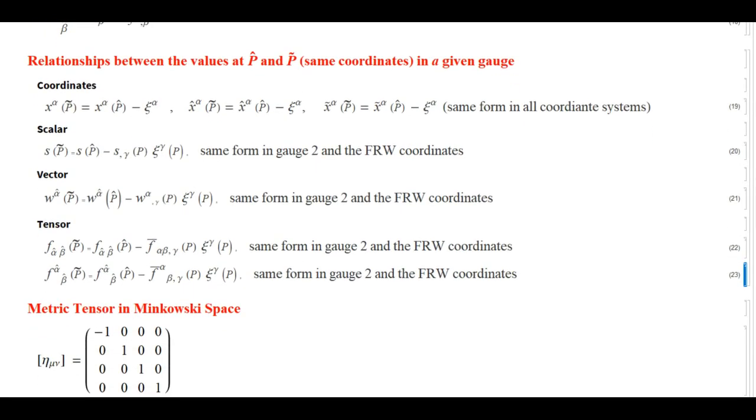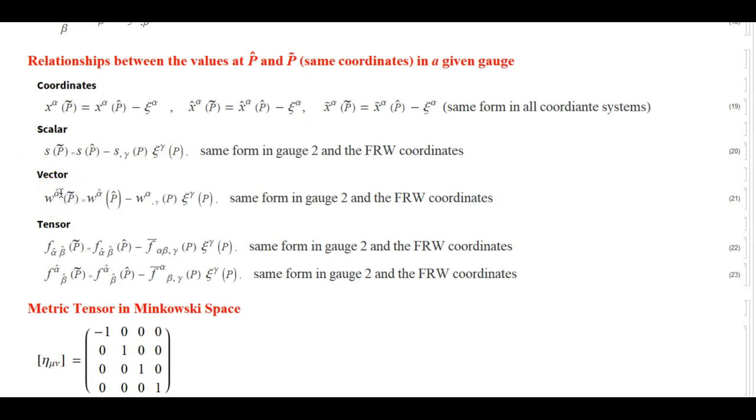We'll start with this important equation, that in a given gauge, shows how the values at p tilde and p caret are related. You see that they all have the same form, and we looked at this equation in one of our previous lectures. We derived it, and we came to the conclusion that all these equations have the same form, that is, in a given gauge.